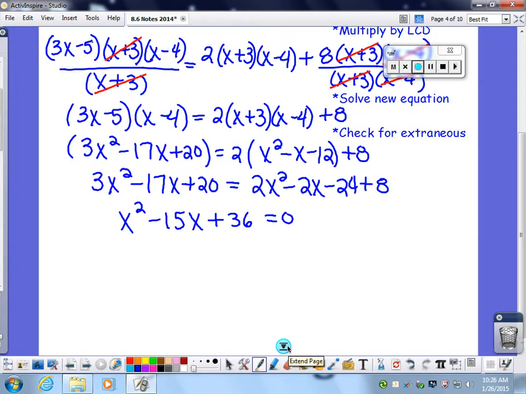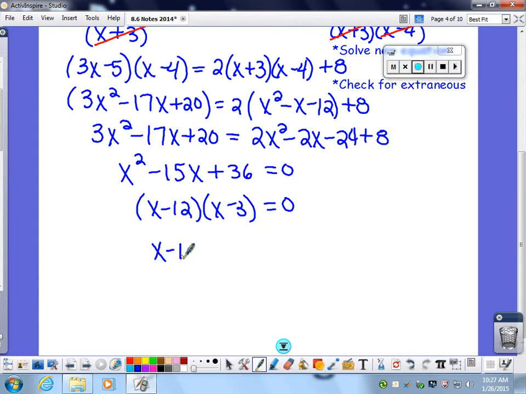Let's factor what multiplies to give us 36 but adds to give us negative 15. So negative 12 and negative 3. So when I factor this, I'm going to get x minus 12, x minus 3 equals 0. Zero product property: x minus 12 equals 0 and x minus 3 equals 0. So x is equal to 12 and x is equal to 3.